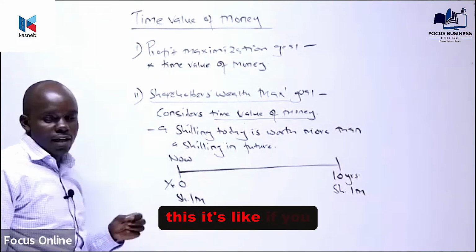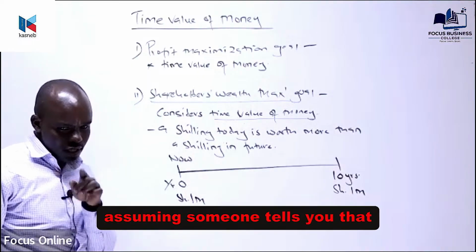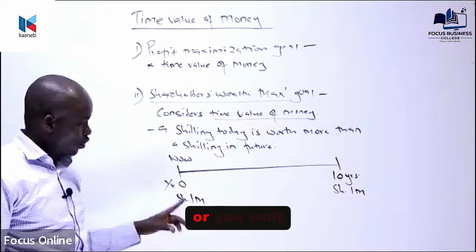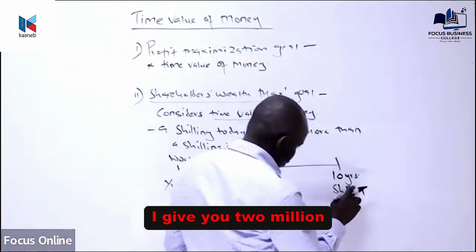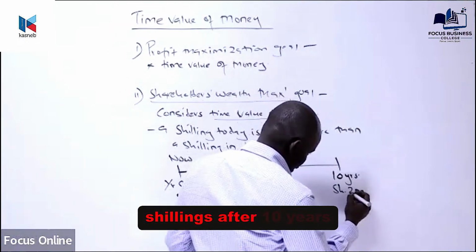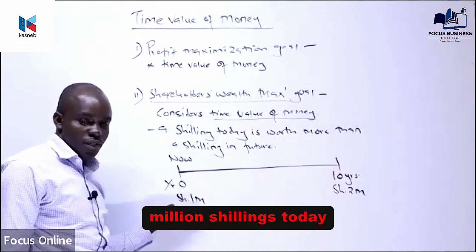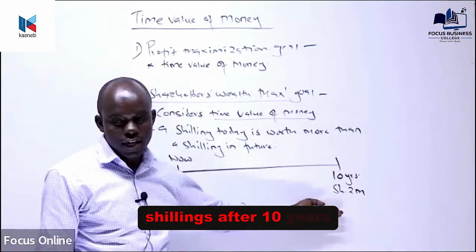If you remember what I said, assuming someone tells you that I give you 1 million shillings today, or you wait, I give you 2 million shillings after 10 years.